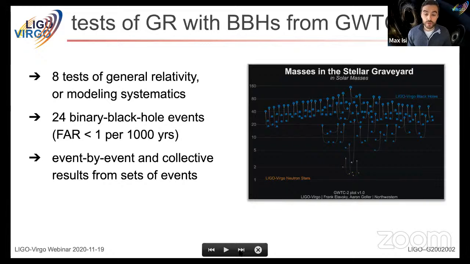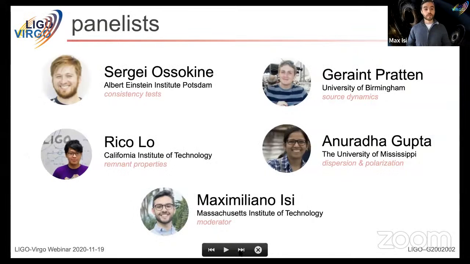We use that to produce event by event results from all of these 8 tests, but we also combine all of the different events together when possible to make statements about the joint distribution of measurements. You will be hearing about all the details from our panel today.